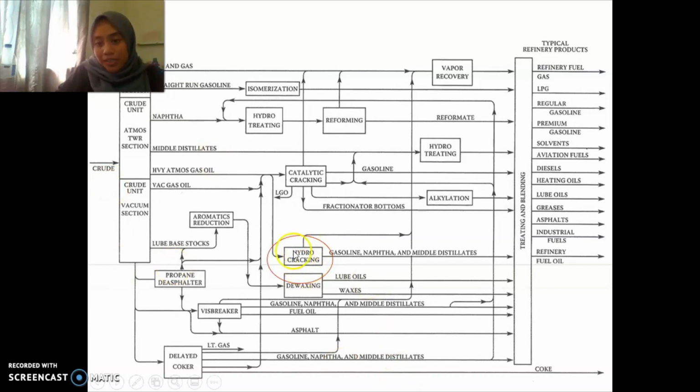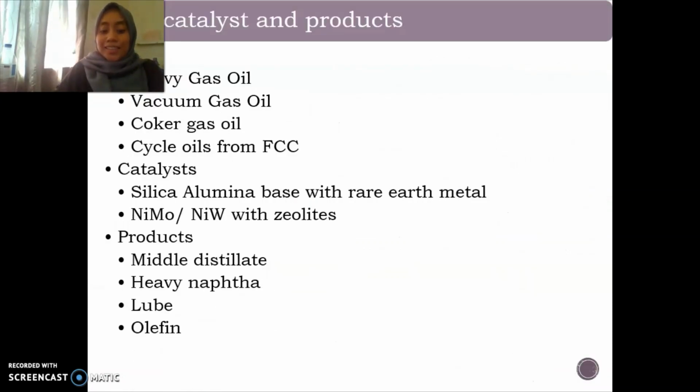As you can see from here, the feedstock of the hydrocracking is the heavy gas oil from the atmospheric distillation column, and the vacuum gas oil from the atmospheric distillation column, and the feedstock is also from the coker gas oil from here, you can see, and the cycle oil from the catalytic cracking.